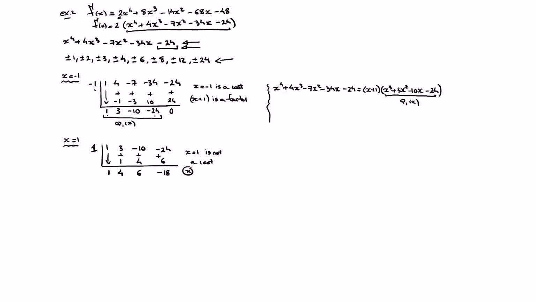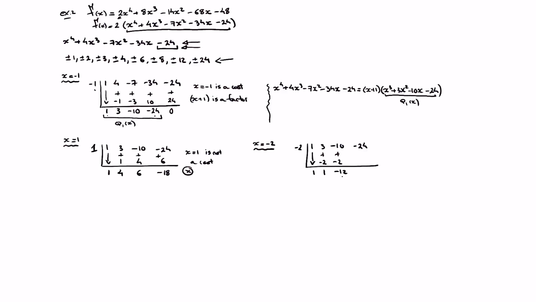The next one we try is x equals -2. So again, we have our coefficients. Those are 1, 3, -10, and -24. And now we're trying to evaluate it at -2. We carry down the 1. -2 times 1 is -2. 3 plus -2 is 1. -2 times 1 is -2. -10 plus -2 is -12.